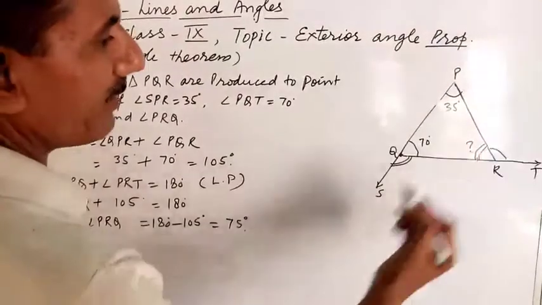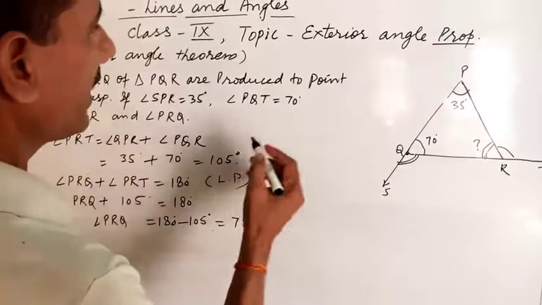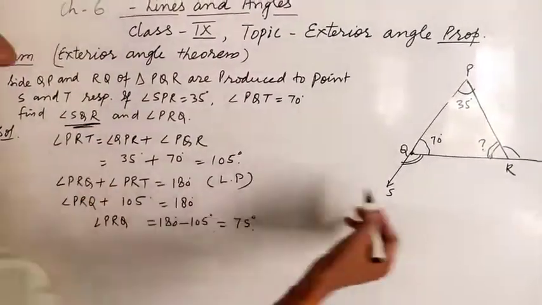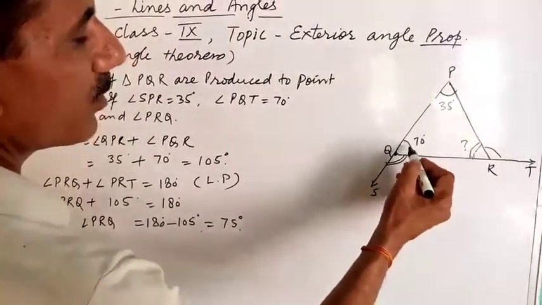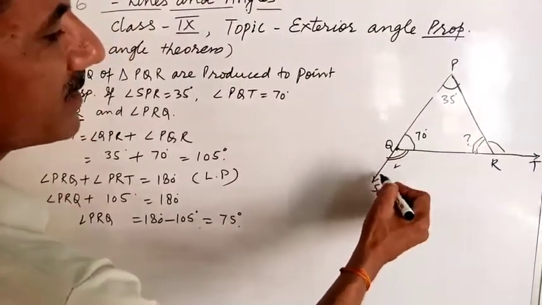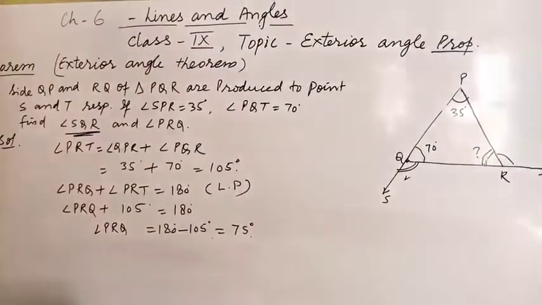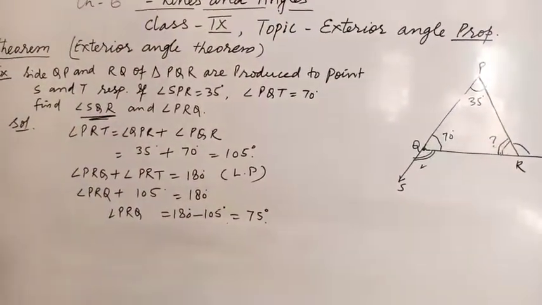Now the first angle is calculated and the remaining angle is SQR. This is angle SQR. Angle SQR and angle PQR also follow the property of a linear pair.